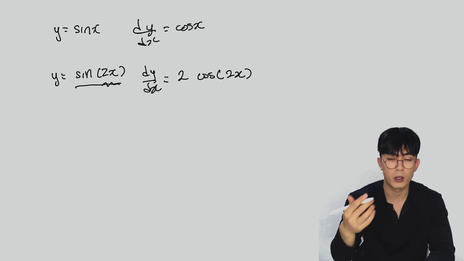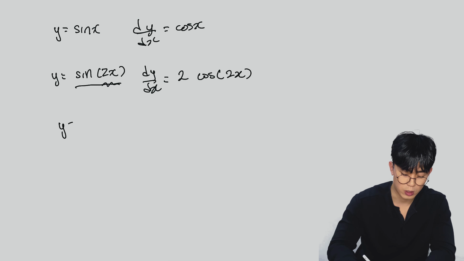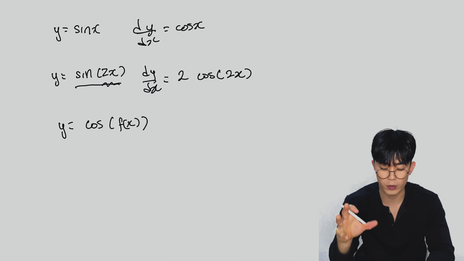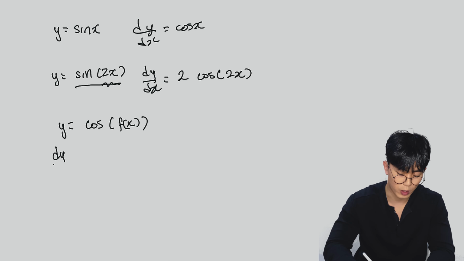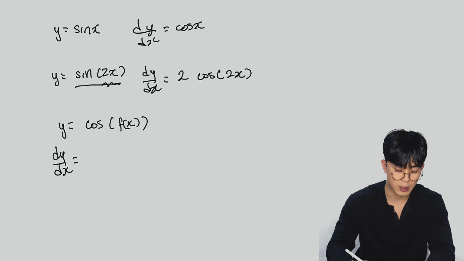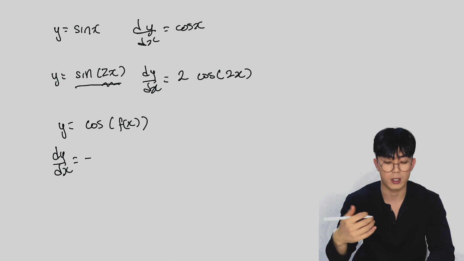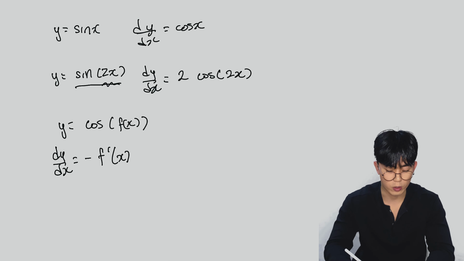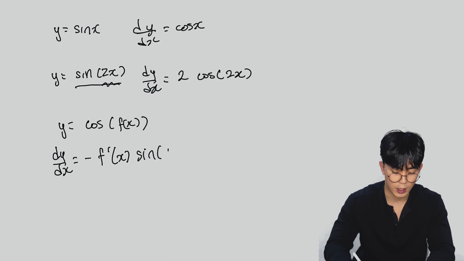So the general formula they will give you is y is equal to, let's use cos. If y is equal to cos f of x, where f of x is any function, it could be 2x, it could just be x, it can be anything. The derivative of that will be, in this case, negative, because cos to sine is negative. f prime of x, so we differentiate the angle, and then sine f of x.